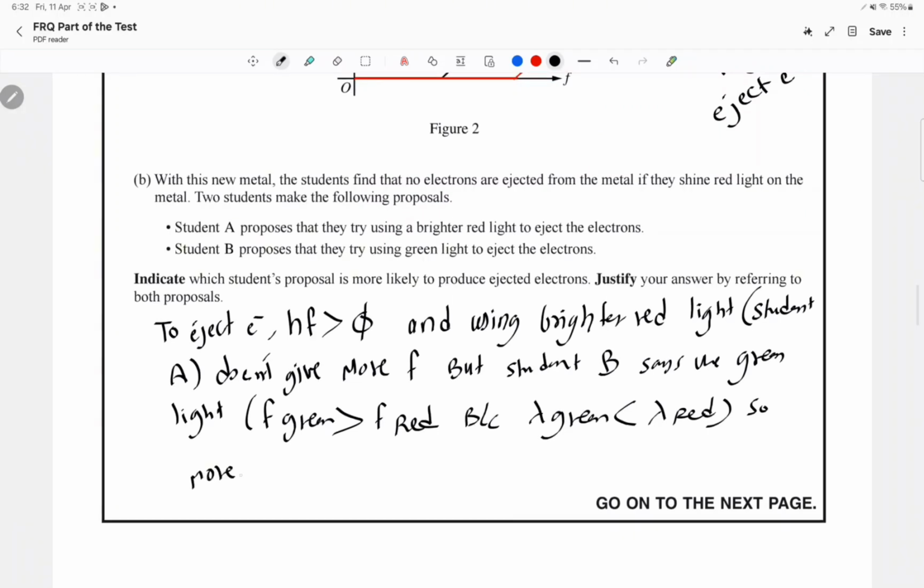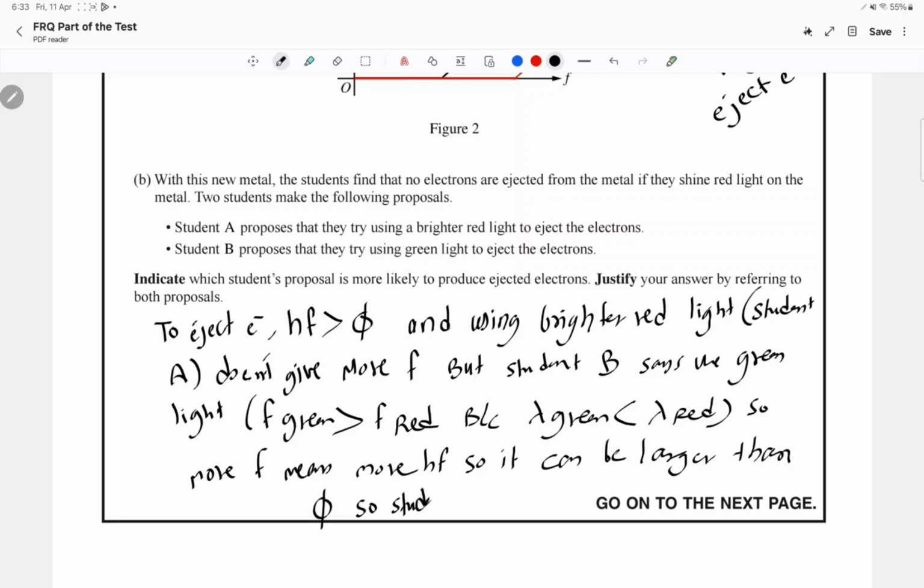So more frequency means more hf, so it can be larger than the work function. Good. So student B is correct.